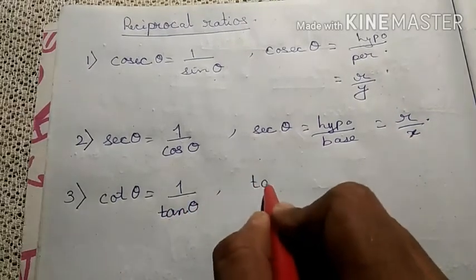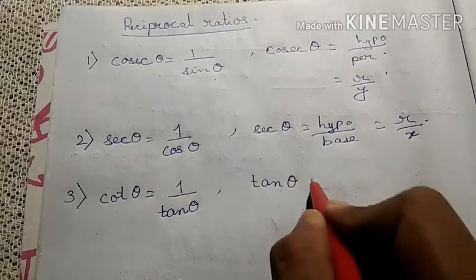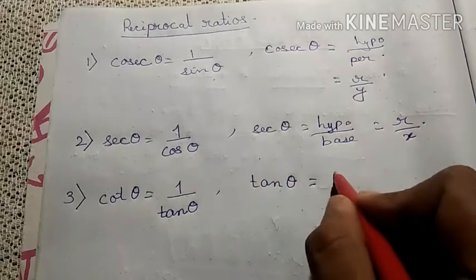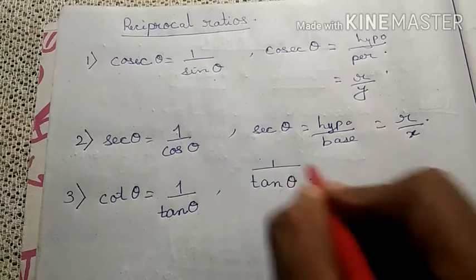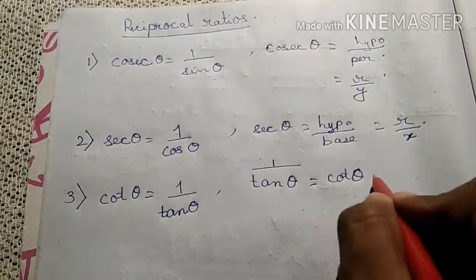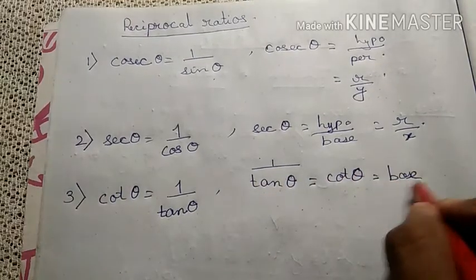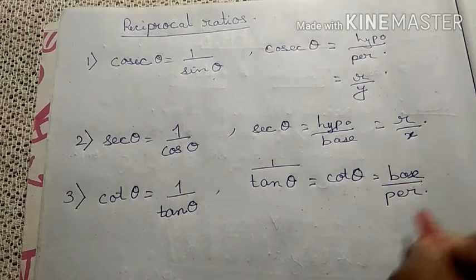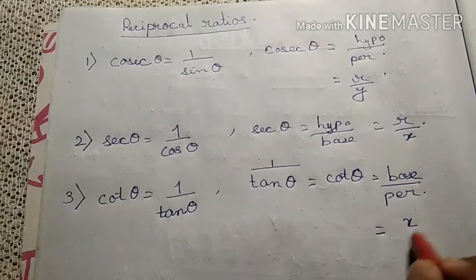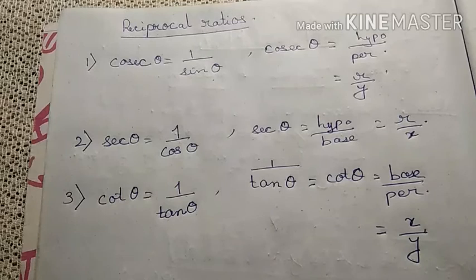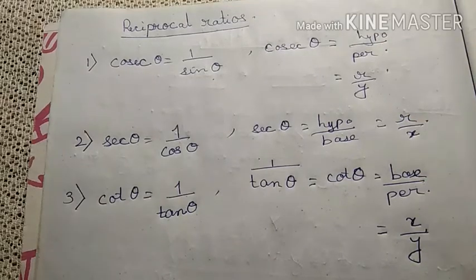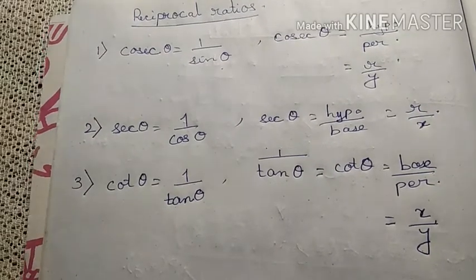So tan theta was perpendicular by base, so cot theta would be equal to base by perpendicular, so that is x by y. These are the three reciprocals of sine, cos and tan.